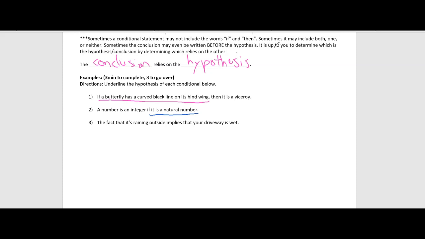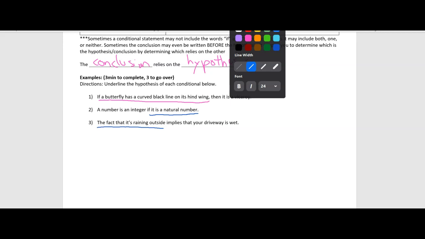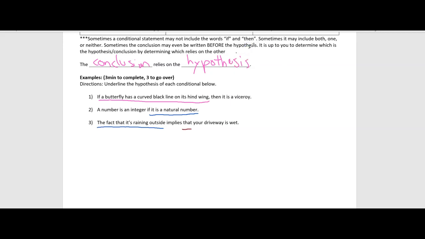Well, let's think about it. We have two options for our hypothesis. We have the fact that it's raining outside, and we have implies your driveway is wet. Well, which relies on the other? Does the fact that it's raining rely on your driveway being wet? Does it only rain if your driveway is wet?